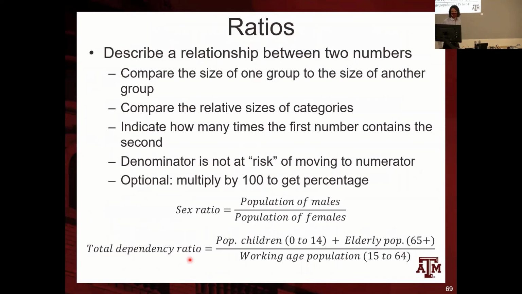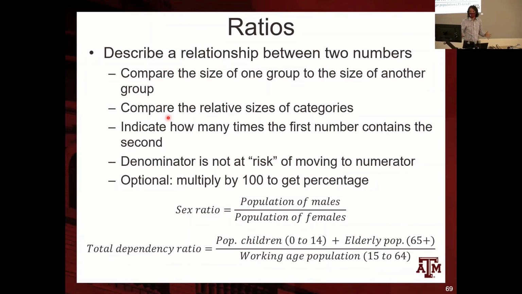Some really clear examples of ratios that are really well known in demography are the sex ratio and the total dependency ratio. So ratios describe the relationship between two numbers, between two groups of people. They compare the size of one group to the size of another group, and compare the relative sizes of categories. So here I'm just giving different explanations of the same thing, ratios.